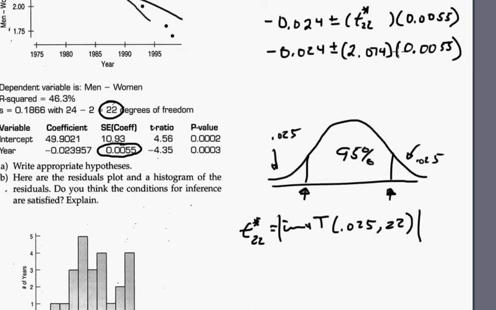I guess you could just do the math. What I get is negative 0.035 to negative 0.013, which I think I should really state the other way.